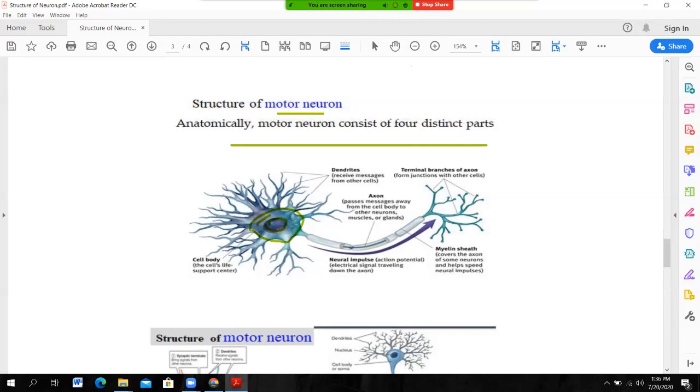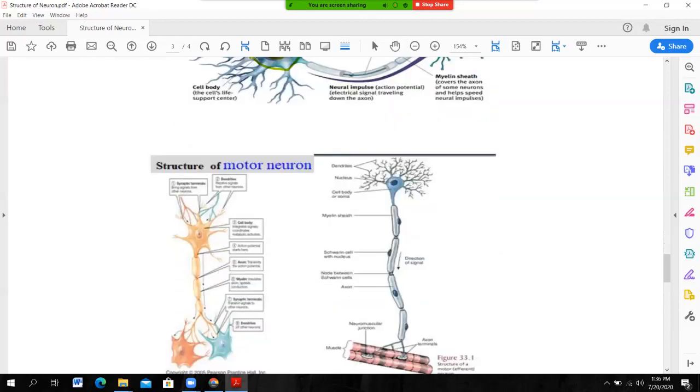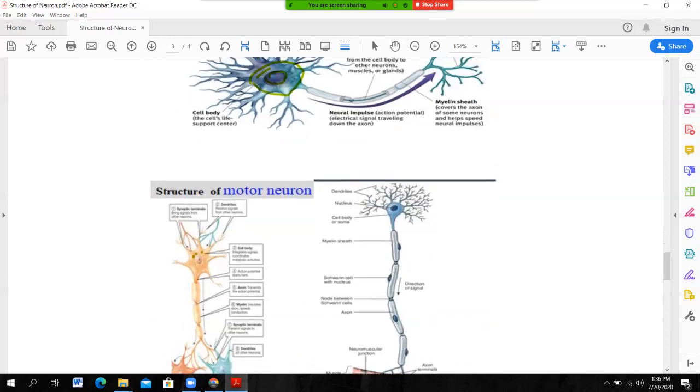They have nucleus, they have mitochondria, they have rough endoplasmic reticulum. In this picture, these dark dot points are actually the rough endoplasmic reticulum. And the rough endoplasmic reticulum contains ribosome, and ribosome play important role in the synthesis of protein.